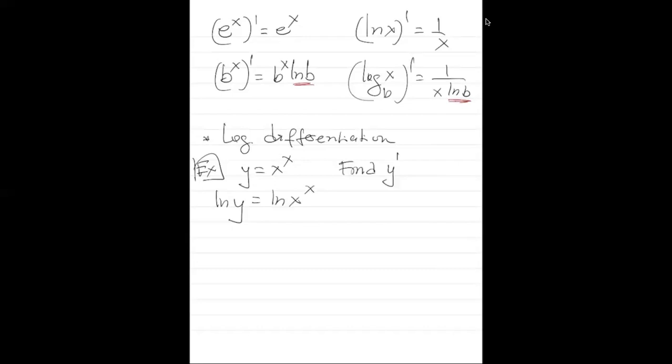We use the law of the logarithms, in this case the power rule, and then differentiate implicitly. So take d dx both sides. So on the left side, 1 over y, but y is a function of x, so times y prime.